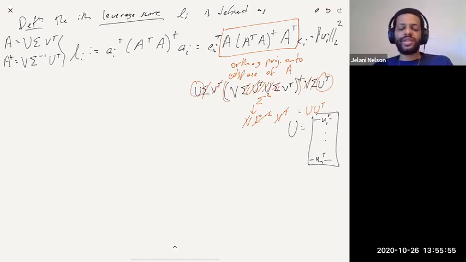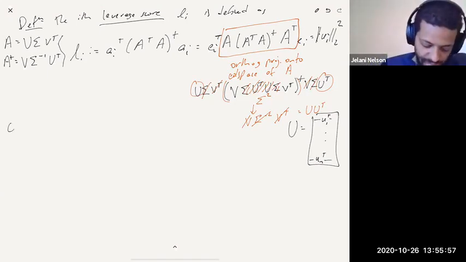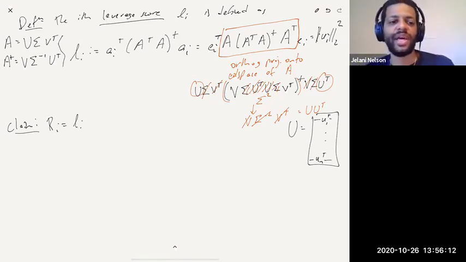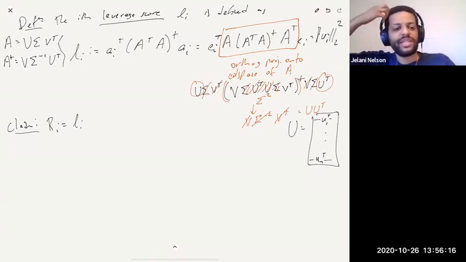And now the claim is that, behold, linear algebra: R_i equals L_i. So even though this definition looks a little different from the sensitivity definition, it turns out they're actually the same thing.